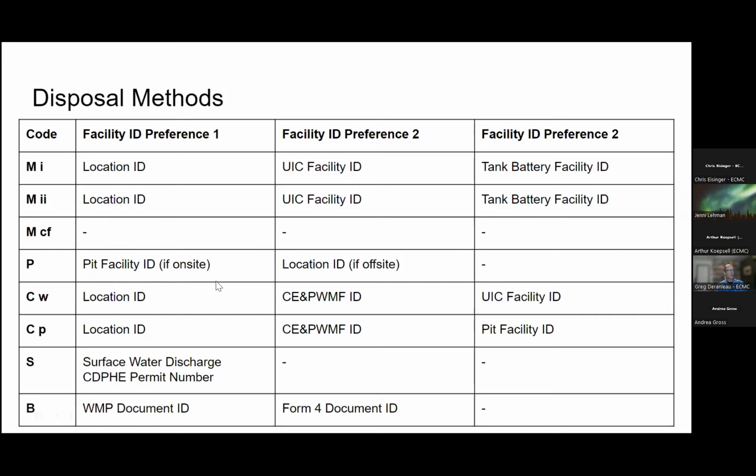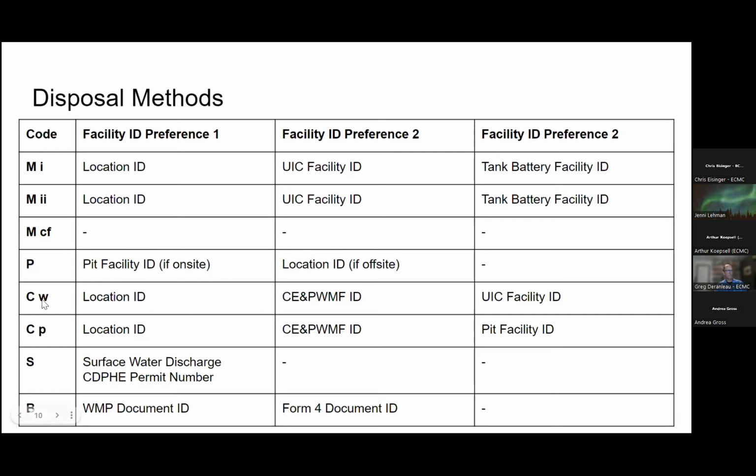If water is disposed directly into a pit on site, then we do want to get the pit facility ID. If the pit is off site, even if it's just at a remote tank battery that has a different location ID, then we actually want the location ID instead of the pit facility ID. Most of those will be on site though.